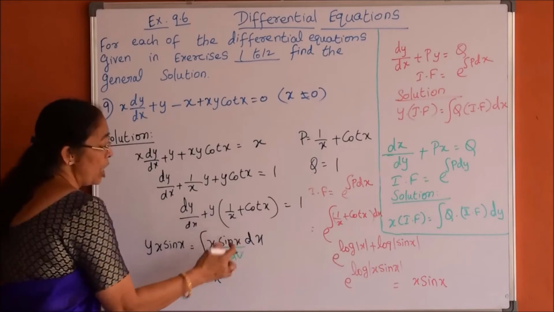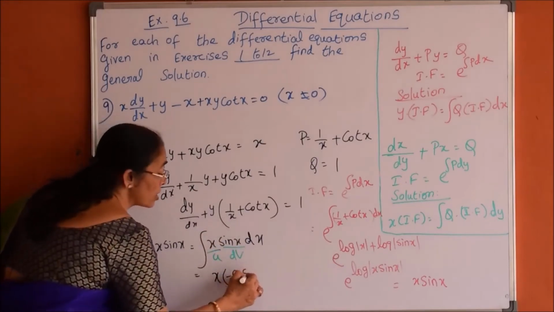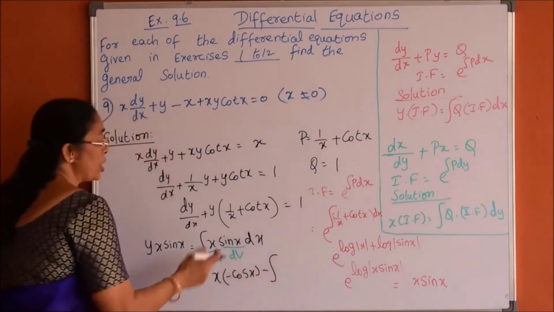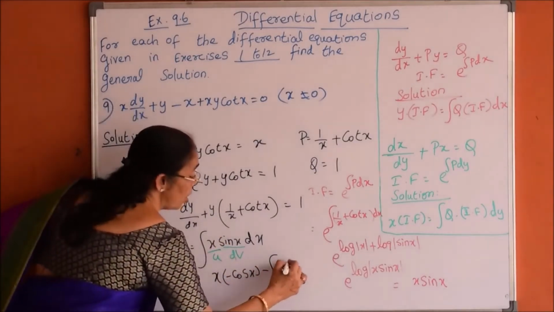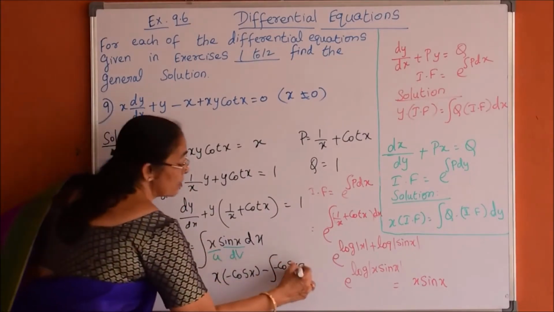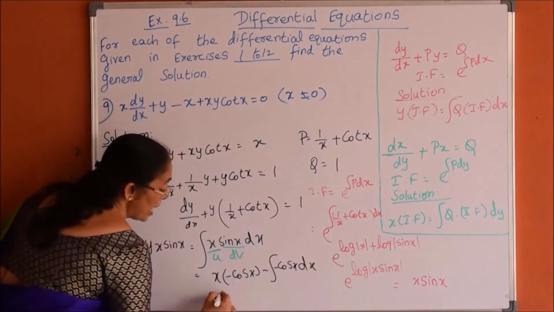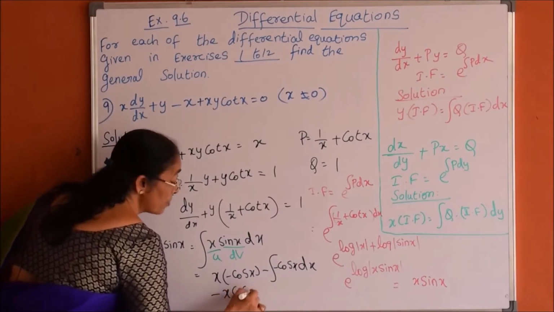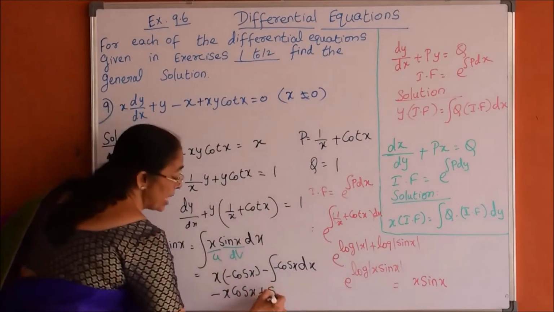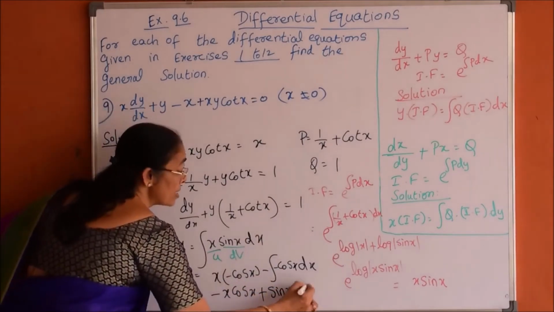Integration of sin x is minus cos x. uv minus integration of v du, v is minus cos x into du, du is differentiation of x which is dx. So minus x cos x, minus into minus here plus, integration of cos x is sin x plus c.